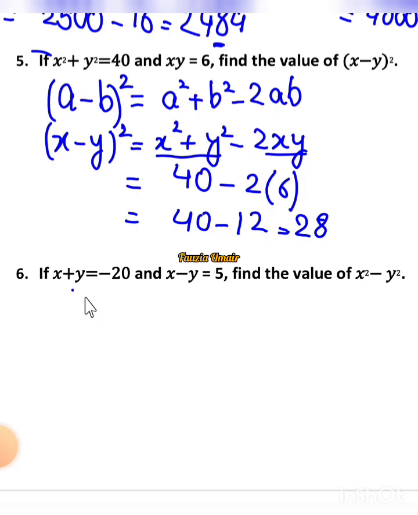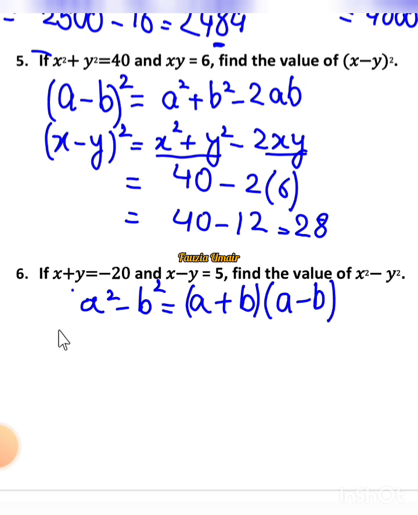So I will write down the formula: a square minus b square is equal to a plus b into a minus b. So here we are replacing a with x and b with y. So for this question, the formula is x square minus y square is equal to x plus y into x minus y.